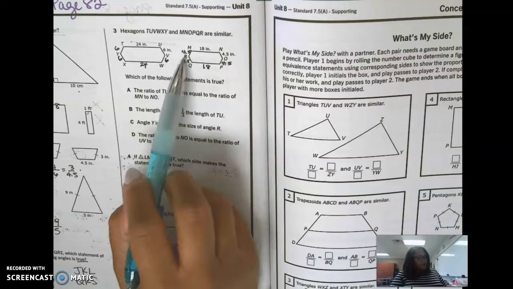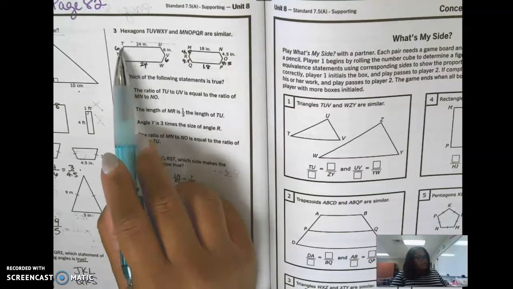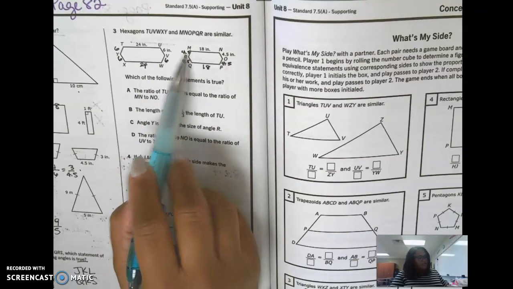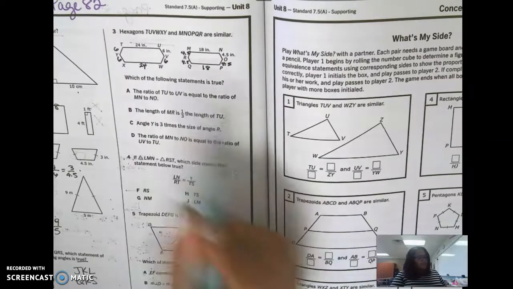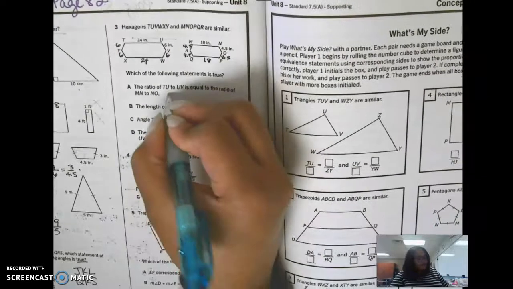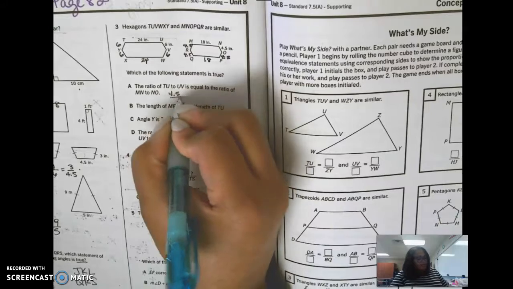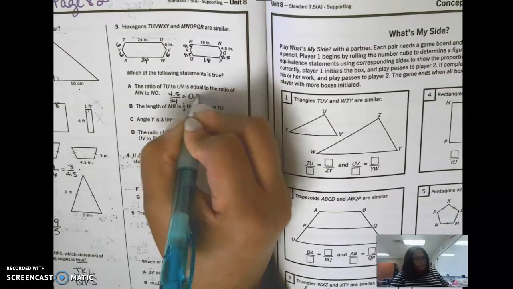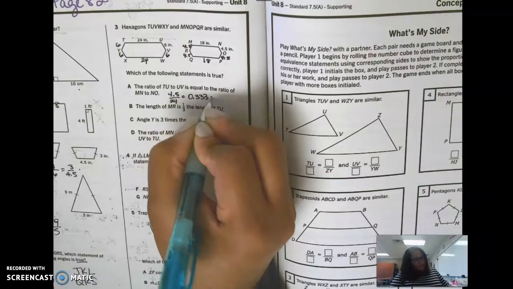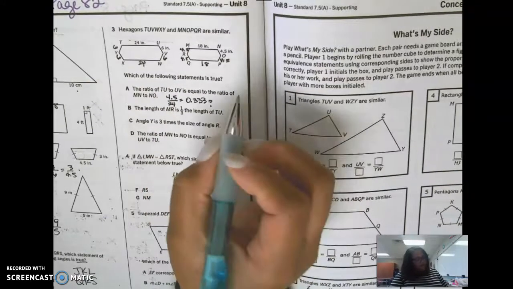Here's MR, and then TU. So this is 1/3 of that. That means 4.5 has to be 1/3 of 24. So we got to find out 4.5 over 24. Does this equal 0.3333 repeating? We got to find out.